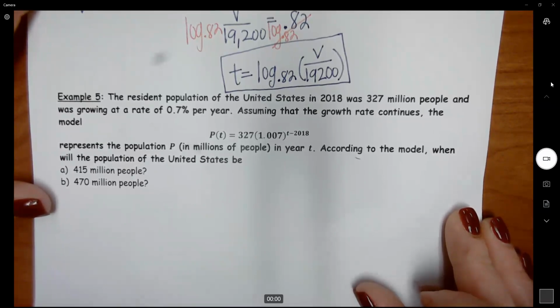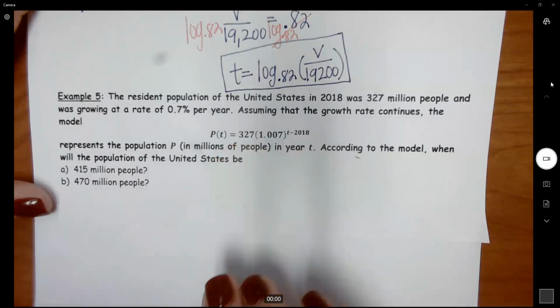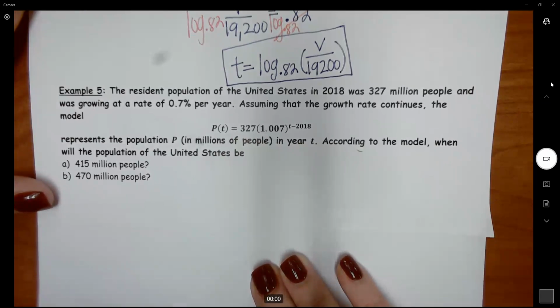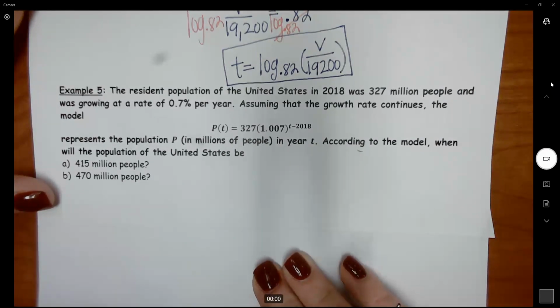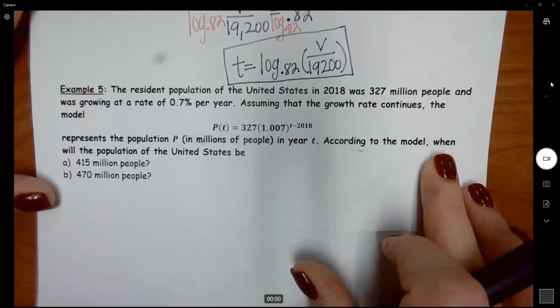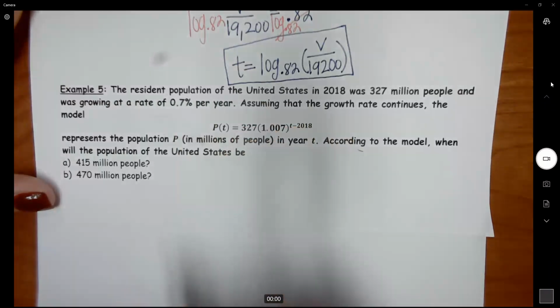Assuming that the growth rate continues, the model right here represents the population P in millions of people in year T. According to this model, when will the population of the United States be 415 million and 470 million? So again, I'm solving for T, so I need to take this equation and solve it for my T, which is in that exponent position.